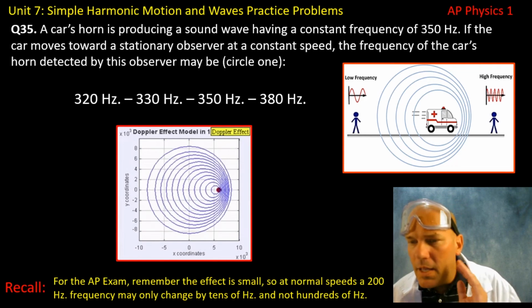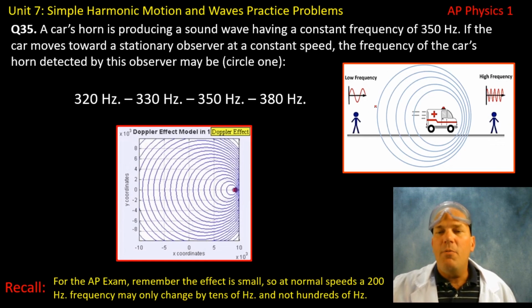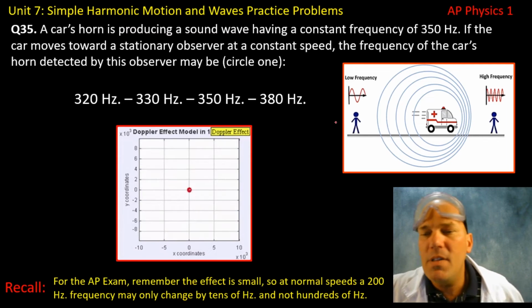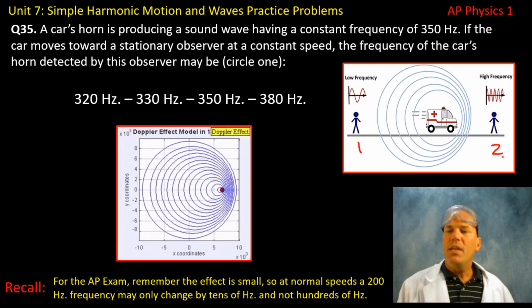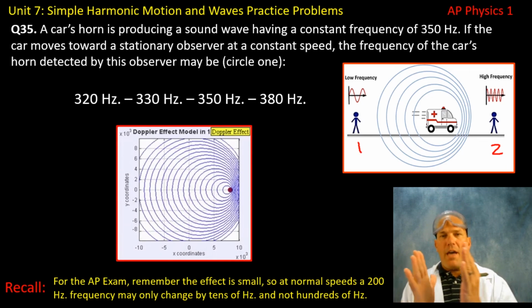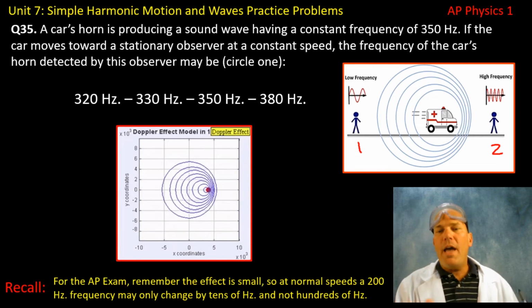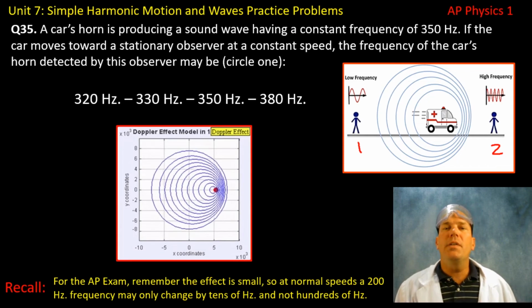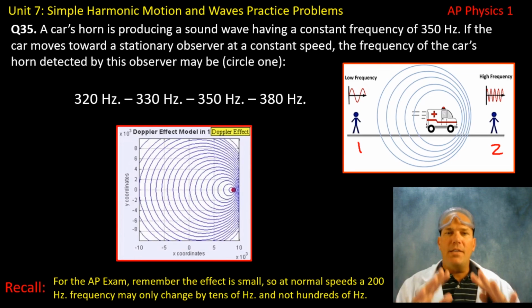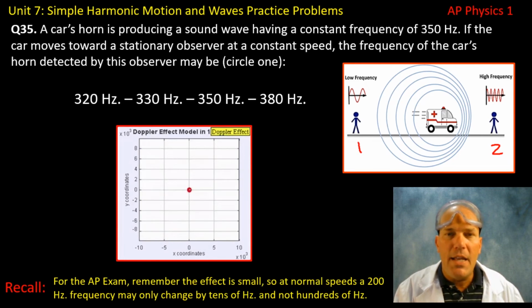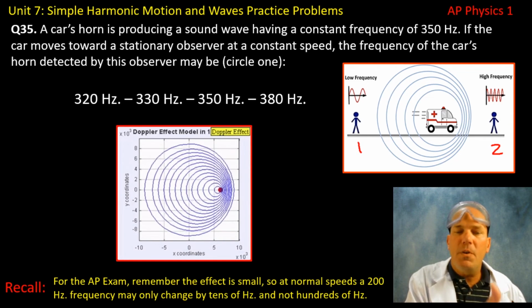So we have an animation here and a schematic diagram with the ambulance, and we see that as the ambulance rushes past guy number 1 toward guy number 2, the second individual, we have the higher frequency, the higher pitch, whereas individual 1 experiences a lower frequency and lower pitch, which gives that Doppler effect. And we also see that on this animation here as this point moves from left to right.